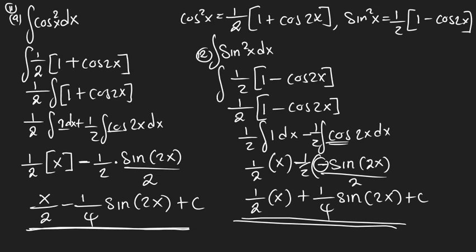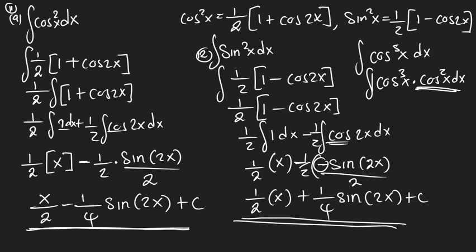For example, they give you the integral of cosine to the power 5 x dx. You already know that you can simplify this by simply breaking it down into cosine cubed x multiplied by cosine squared x dx. The squared part you already know. The cubed part is what you should be able to solve. It's very simple. The moment you understand these concepts, everything becomes simple.